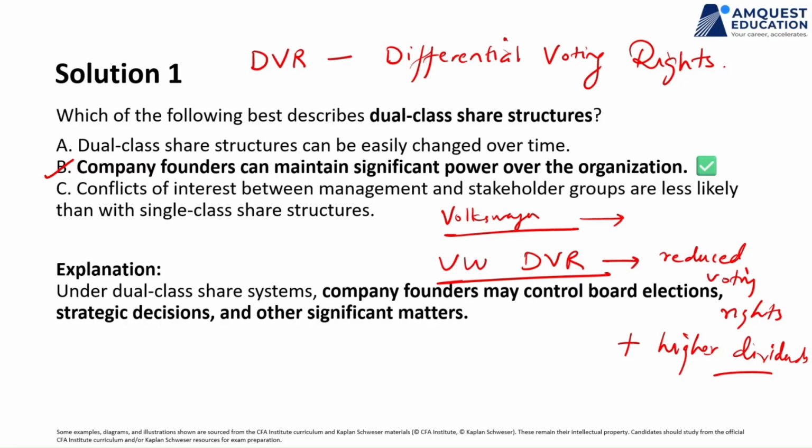So as a retail shareholder, as a small minority shareholder, this is a win-win for you. Because as a minority shareholder, your voting rights anyways did not carry a lot of benefits, right? You were a minority shareholder with minority voting rights, but you would prefer to get higher dividends because that is what your income is. Higher dividends is typically what you would like to continue with.